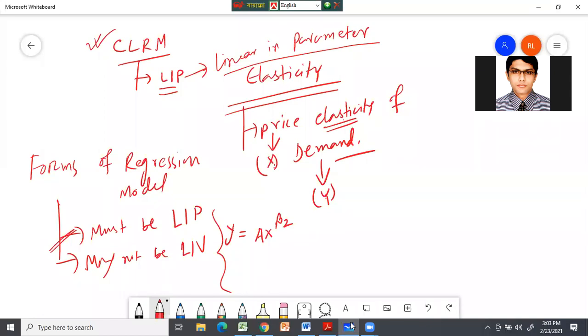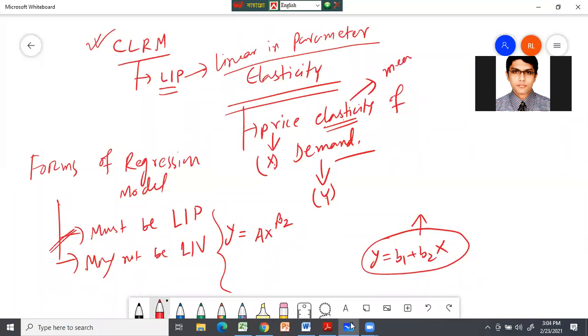When we are measuring the elasticity, elasticity cannot be measured with a linear regression model like y equals b1 plus b2x. This one is not applicable for measuring the elasticity, because what?